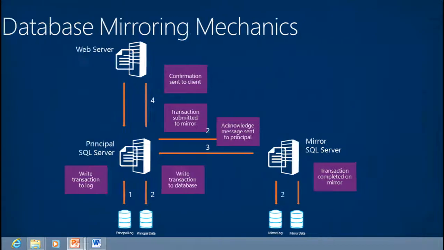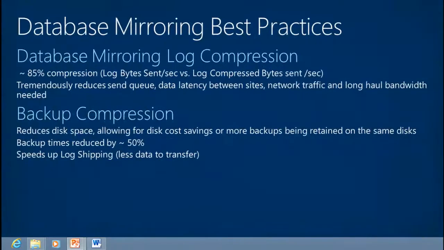So from a best practices perspective, definitely recommend using database mirroring log compression, providing that you have the ability to do so. It reduces the send queue significantly, so when I talked about what you should measure, you should look at the send queue and receive queue, and you should keep those as small as possible. Using database mirroring log compression will reduce the size of your send queue.